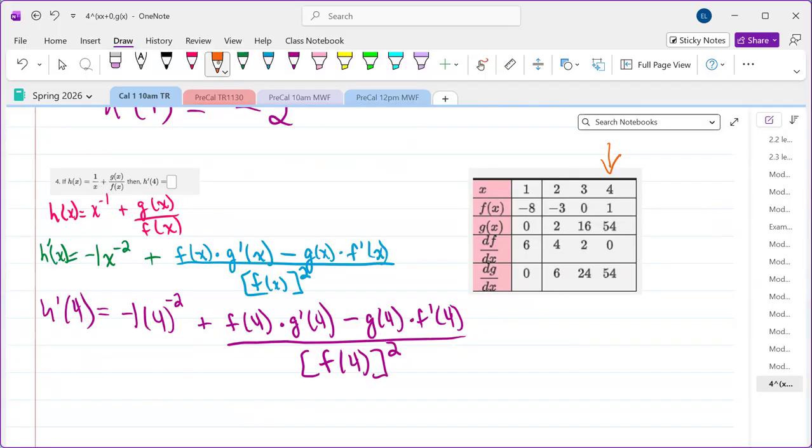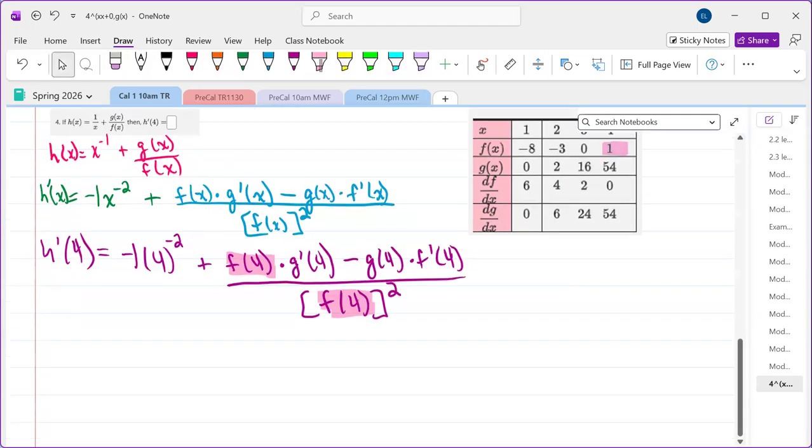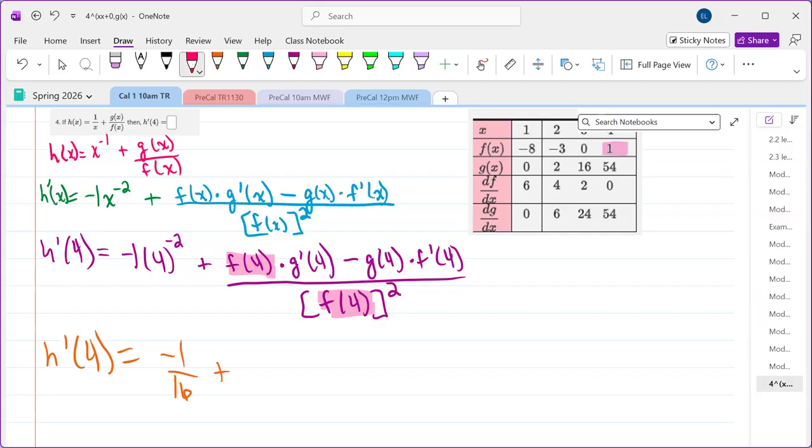All right, so we're now looking at the 4 column. So my f of 4 is 1. So this -1 times 4 to the -2 becomes -1 over 16. All right, so f of 4 is 1.